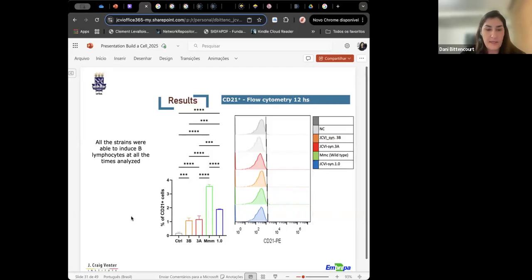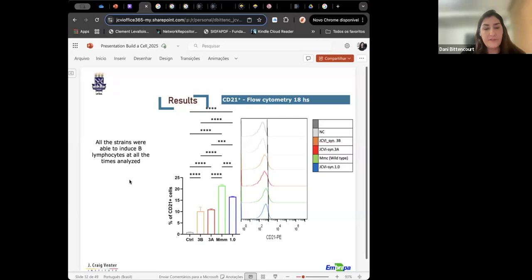Here again, after 12 hours, mostly the wild type Mycoplasma mycoides was capable of inducing this response, but after 18 hours, only syn1 got a little bit higher in comparison with the wild type Mycoplasma mycoides.